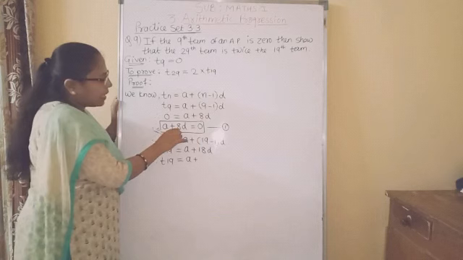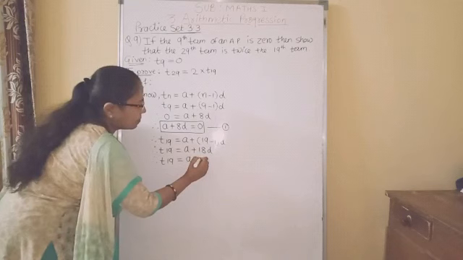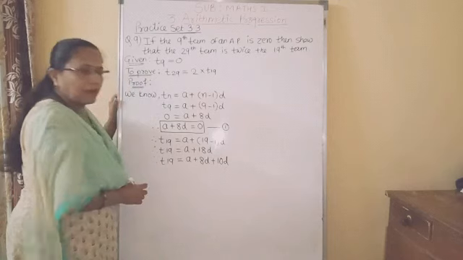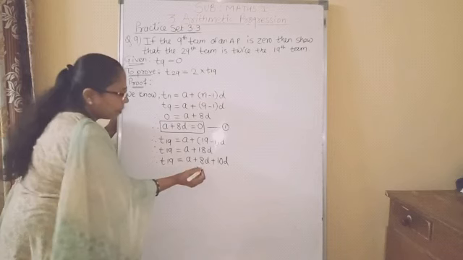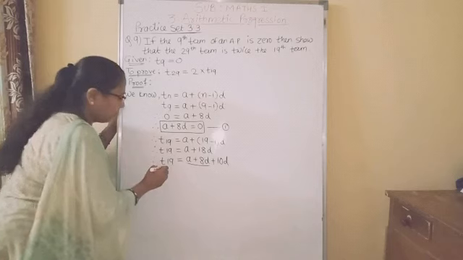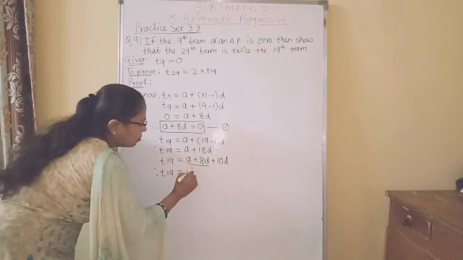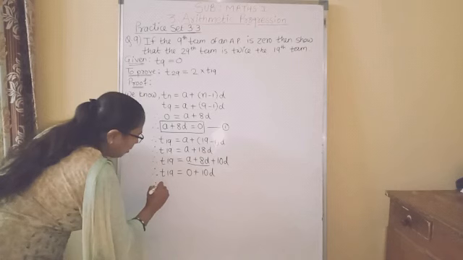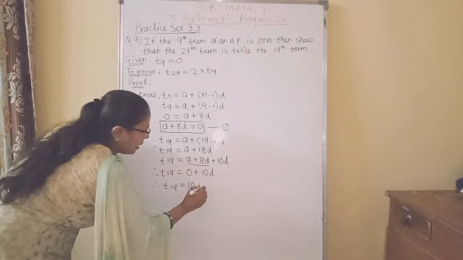Here we have A plus 8D equal to 0. So we will take one of the terms as 8D plus 10D. Understood? 18D I wrote as 8D plus 10D. Now here A plus 8D, this value is equal to 0. Therefore, T19 is equal to 0 plus 10D. Therefore, T19 is equal to 10D.